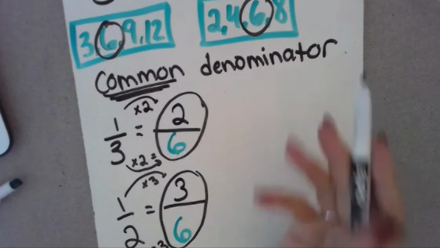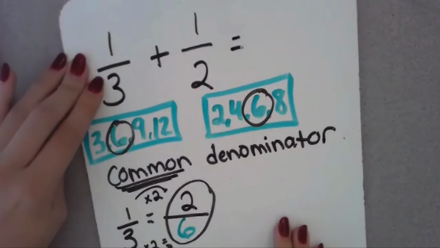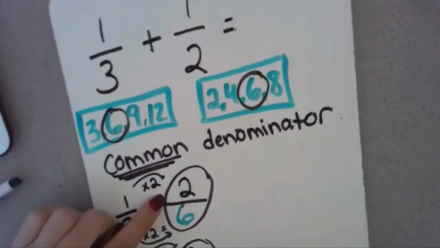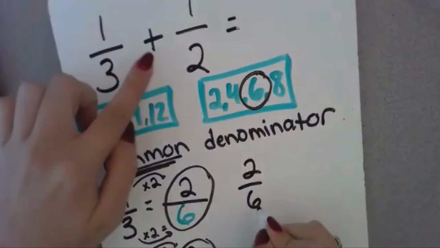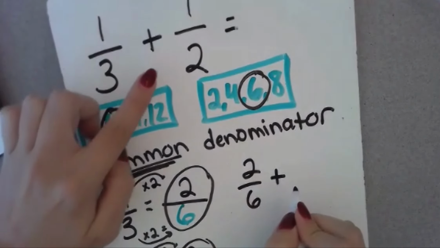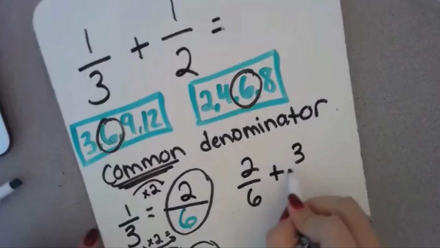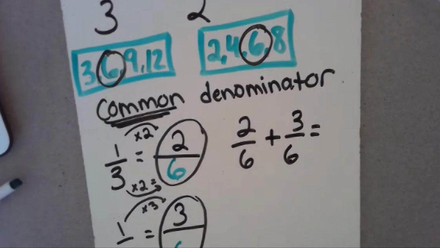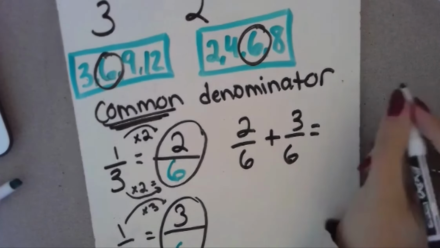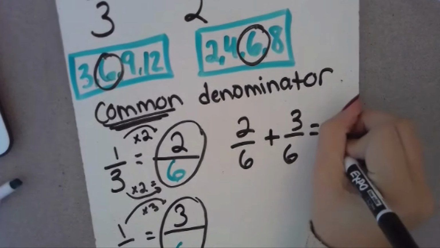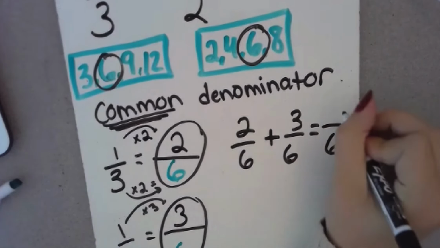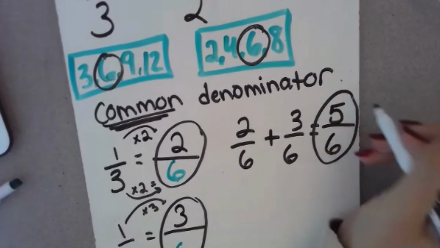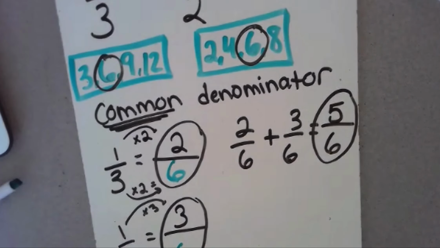But we'll get there. Here's our last step. Instead of 1/3, I'm going to write 2/6. Plus sign. Instead of 1/2, I'm going to write 3/6. Do we have a common denominator now? Yes, we do. Good job, people. Which means I'm going to keep this the same, and I can just add the top like normal. 5/6.